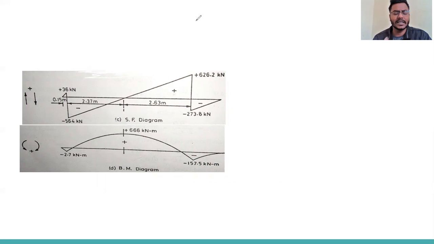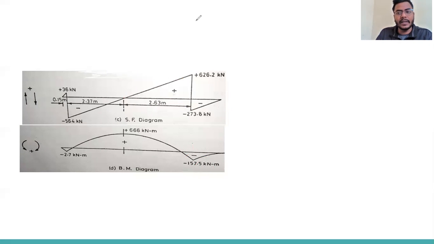And if you have some idea about design, at the critical section we need the shear force and the bending moment value.